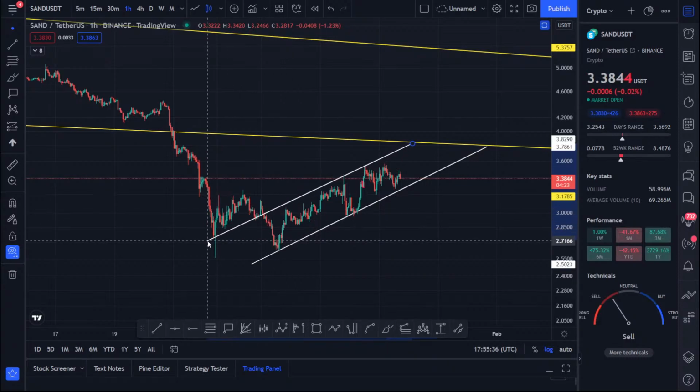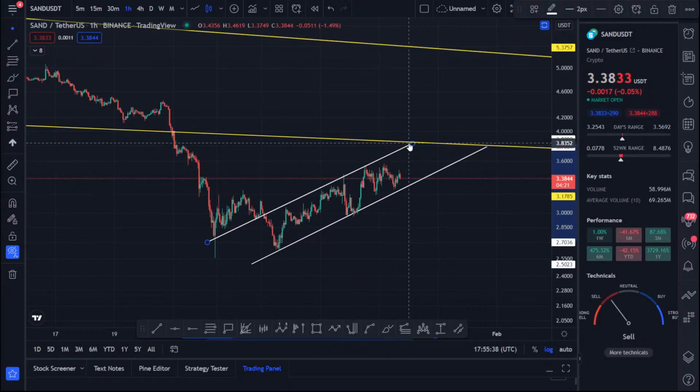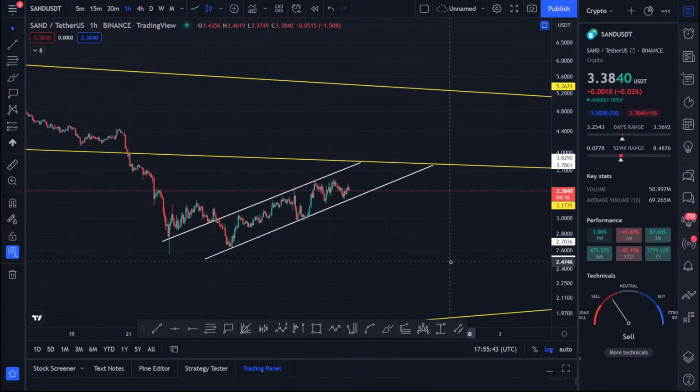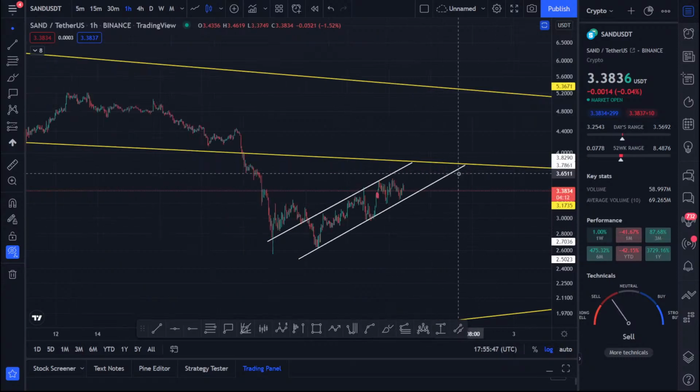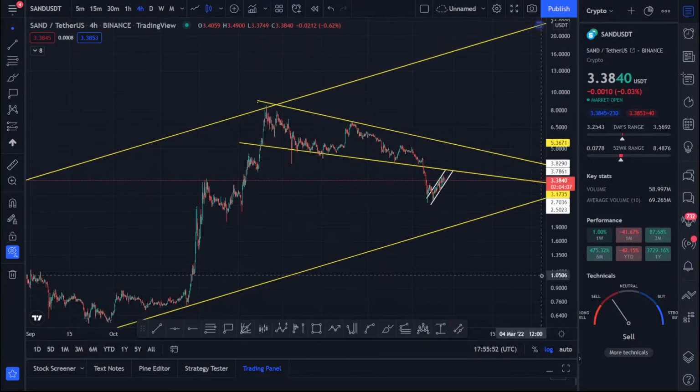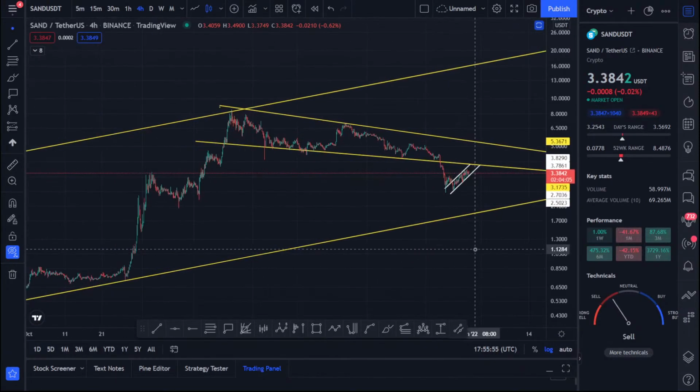You could pull it all the way back. And look, you could call this a channel, but it needs to get past this level. If you get past this level, yeah, then we can say that it has some momentum towards the upside. But time will tell.